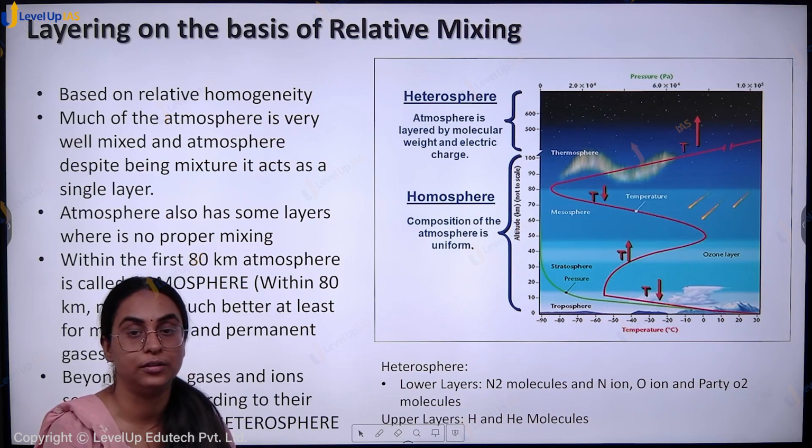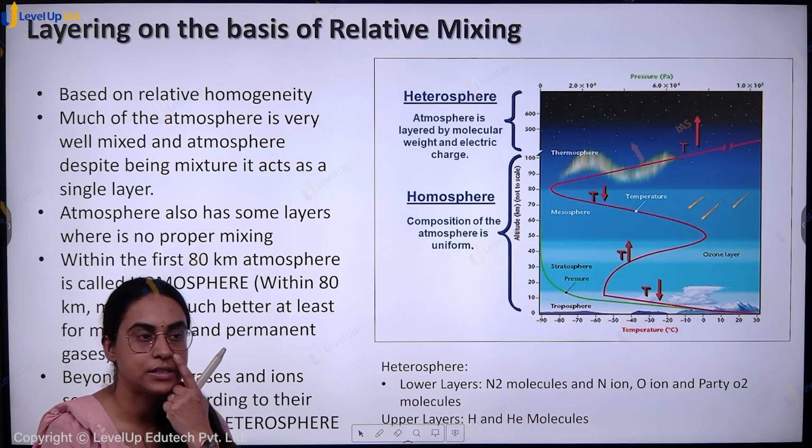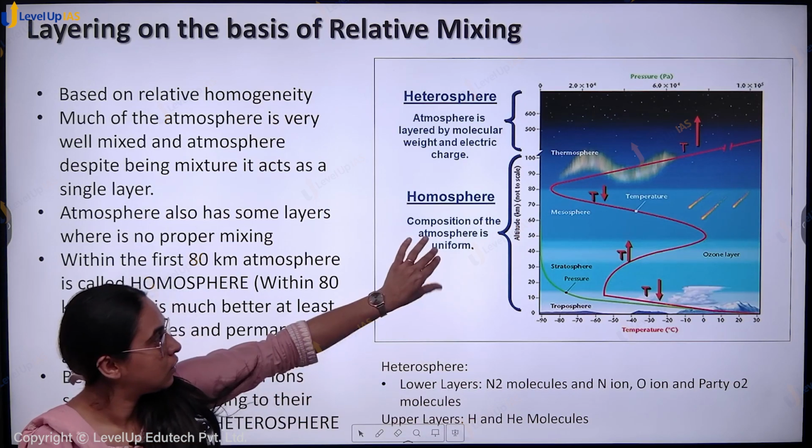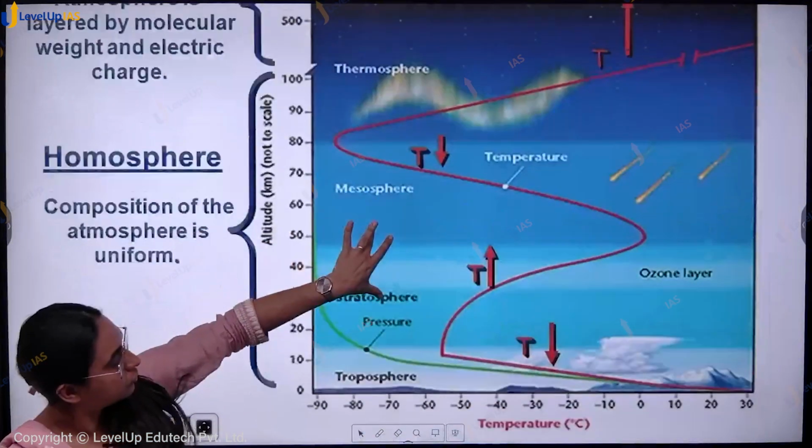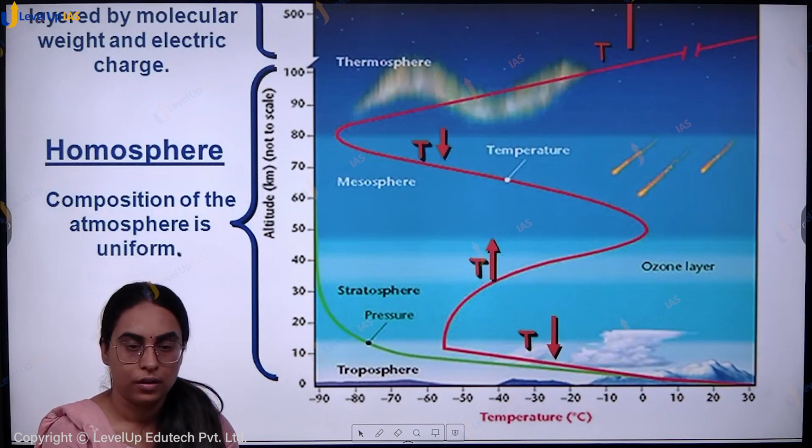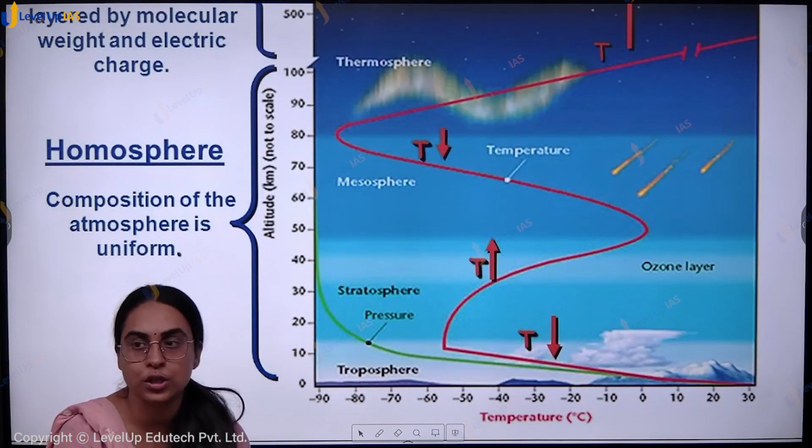This is seen in the first 80 kilometers. It is called as homosphere.